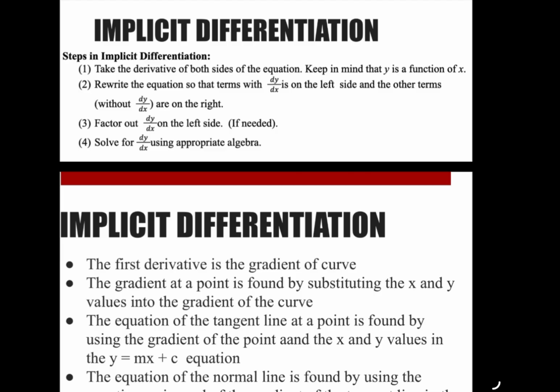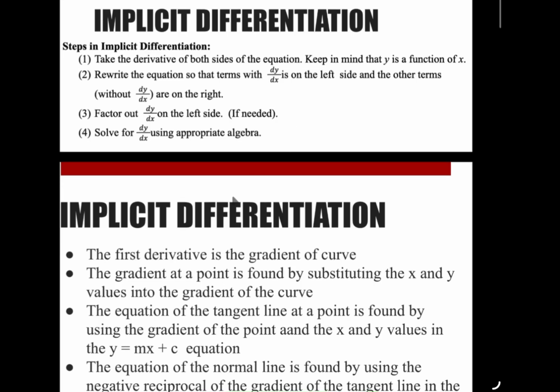Now, in terms of implicit differentiation, the first derivative, as usual, is the gradient of the curve. The gradient at a point is found by substituting the x and y values into the gradient of the curve, dy dx, which we found earlier. The equation of the tangent line at a point is found by using the gradient at the point and the x and y values in the y equals mx plus c equation.